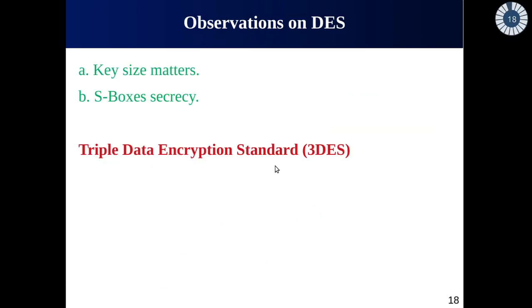Now let us move and quickly review some of the drawbacks of the DES algorithm. There are two criticisms of the DES. The first criticism is related to the key size that is used in the DES. Key size matters. The published description of the DES makes it sound like this algorithm is going to use a 64-bit key.